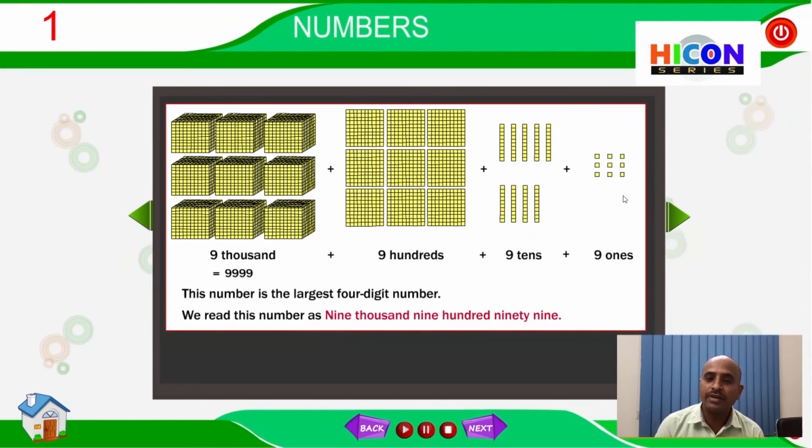In the next part they have given 9 single pieces. Each single piece represents 1 one, so the total becomes 9 ones. So 9000 plus 900 plus 9 tens plus 9 ones is equal to 9999.